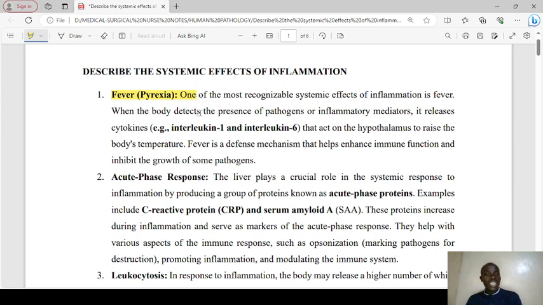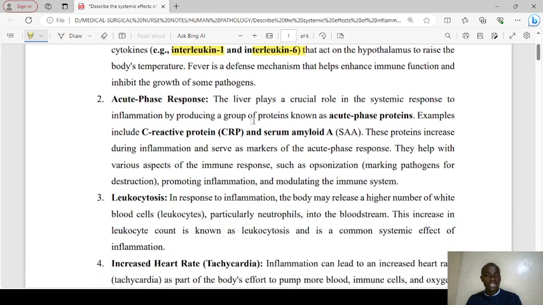So when the body detects the presence of pathogens or inflammatory mediators, it normally releases cytokines. And these cytokines are interleukin 1 and interleukin 6, which normally act on the hypothalamus to raise the body temperature. So fever is normally a defense mechanism that helps enhance immune function and also inhibit the growth of some pathogens.